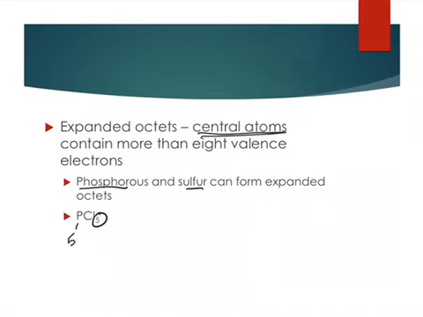Phosphorus has 5 valence, chlorine has 7, there's 5 chlorine, so we're going to have a total of 40 electrons. Phosphorus is my central atom, and then we single bond all the chlorines around it. So that's obviously 10.